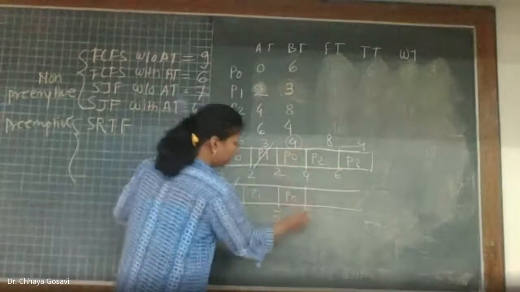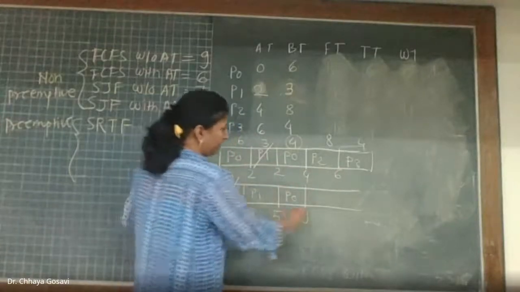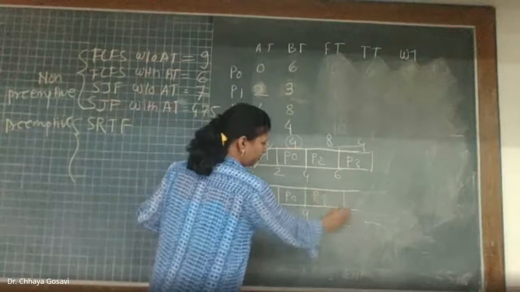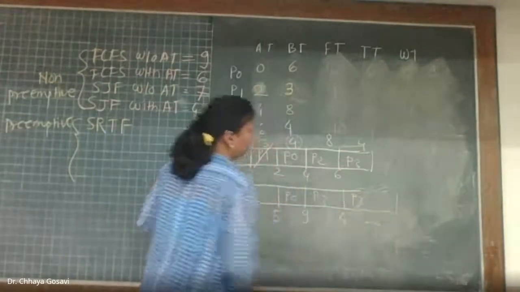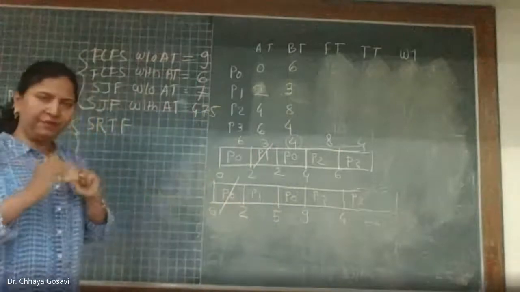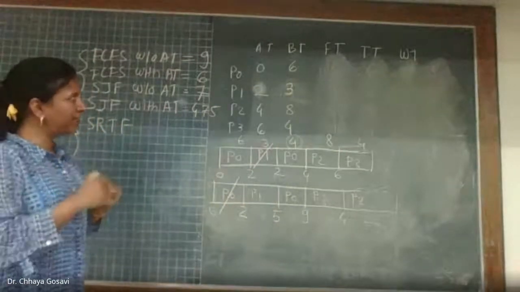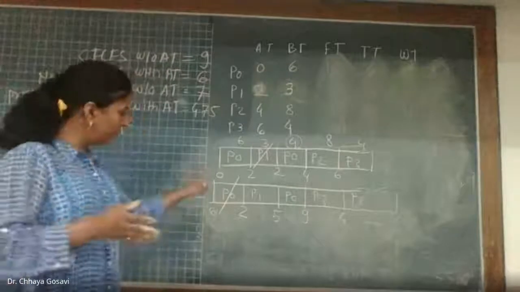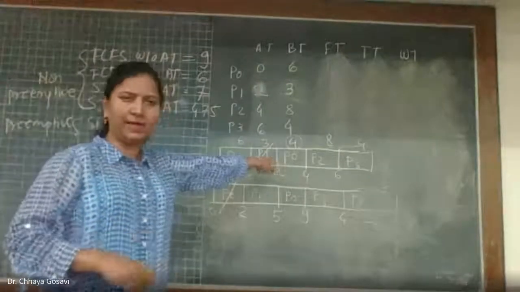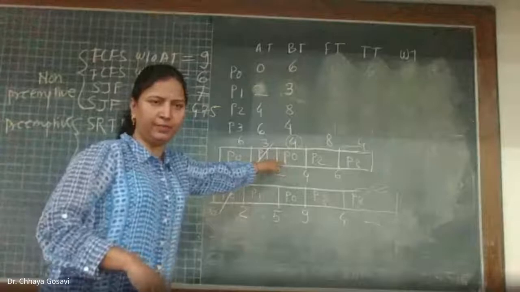So P0 will continue for all its cycles, then P3 will run for the next 4 cycles, and then P2. So after every time cycle, it has to check whether a new process arrived and has less burst time. Then the currently executing process is preempted and added at the end of the ready queue.